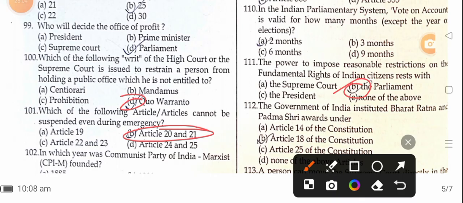My dear students, it is a very indispensable question. While Bharat Ratna as well as Padma Shri, these awards are given under which article? Under Article 18. It is a very interesting question. Awards like Bharat Ratna and Padma Shri are given under Article 18.